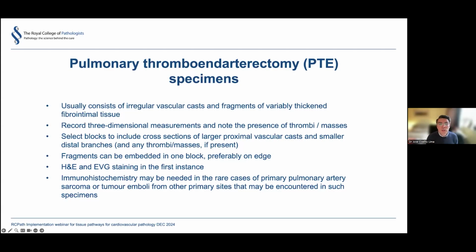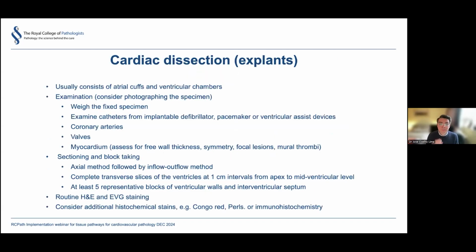Select blocks that include cross-sections of the different parts of the vascular cast, and embed multiple fragments in one block, preferably on edge, and these should be stained with H&E and EVG. Immunohistochemistry may be needed if there is any suspicion or appearances indicating the presence of a thrombus.